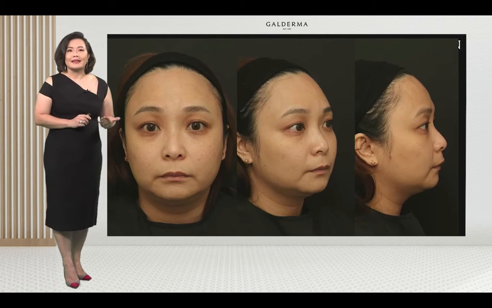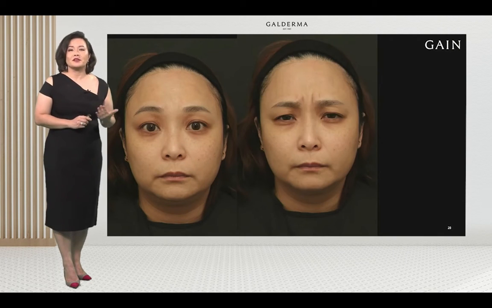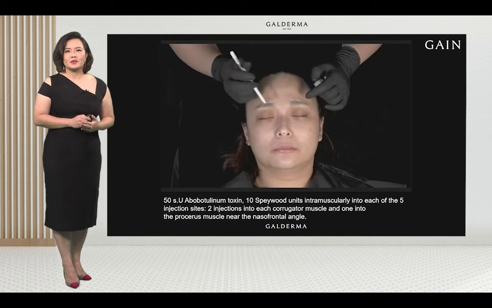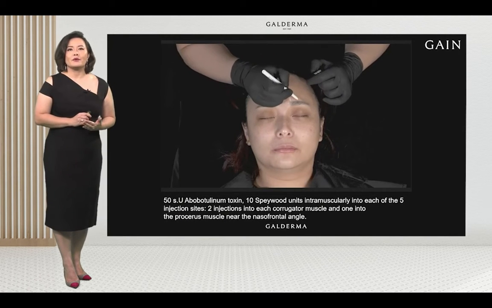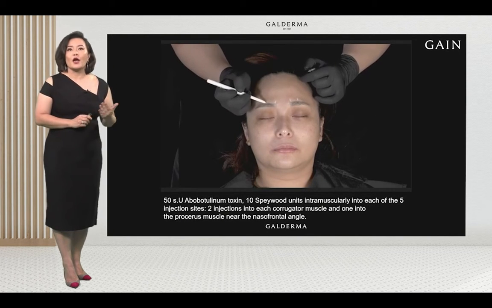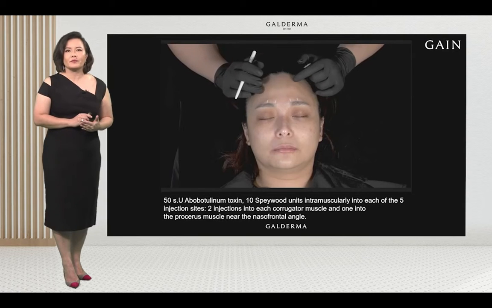Here is Rita again, that I showed you earlier on with the temple injection. Here is Rita frowning. You can see that she has a moderate strength frown that makes her look quite unhappy. So when treating this area, just like using filler, I always start with marking.